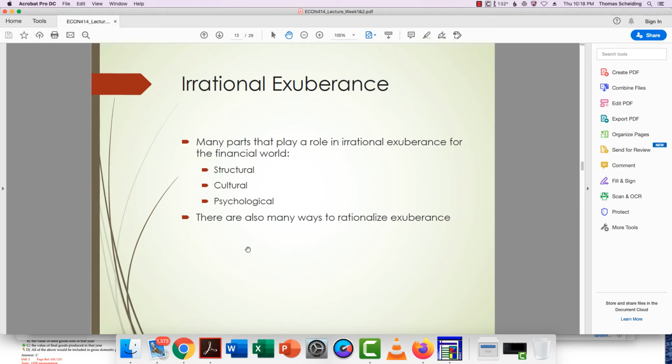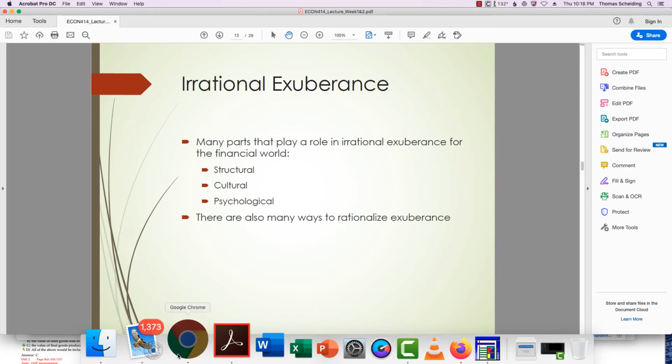How we get to something being irrational can be structural, meaning that part of the economy doesn't stop things from becoming irrational, but it can also be cultural and psychological, right? One example of this that we saw most recently, and we're not even really sure how this is going to play out, would be some of the initial public offerings that were offered over the past year. One of the more famous examples being WeWork.